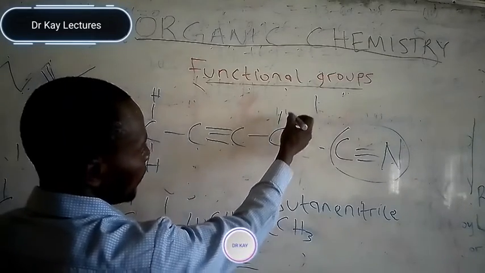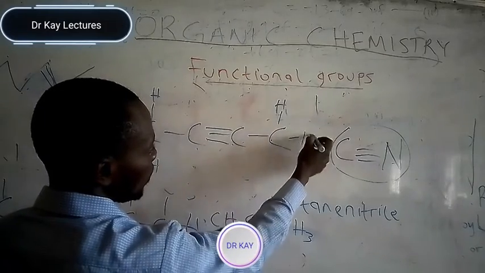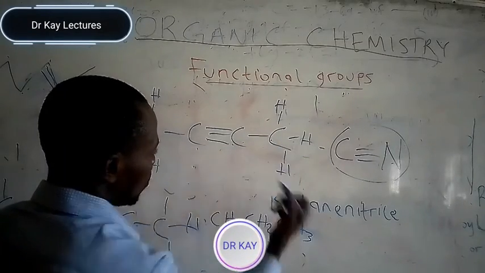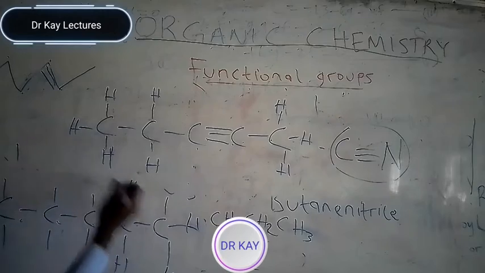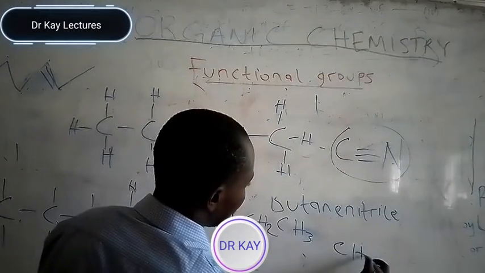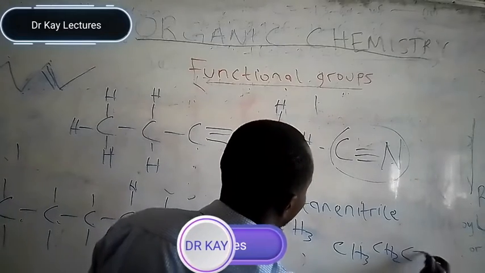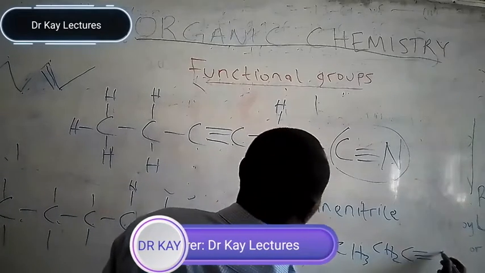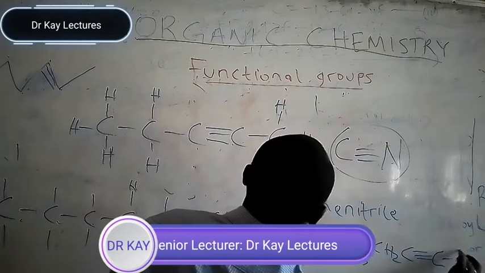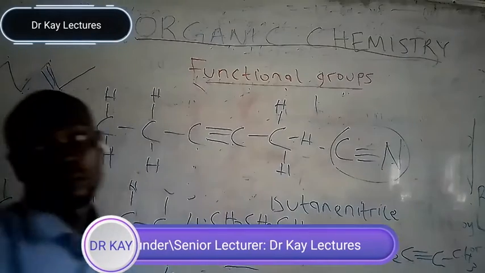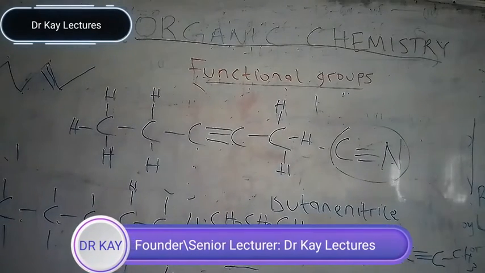Then this one can have another 3, H and H. So if you want to write it in condensed form, it is just CH3, CH2, then C, then triple bond, then C again, then CH. As simple as that.